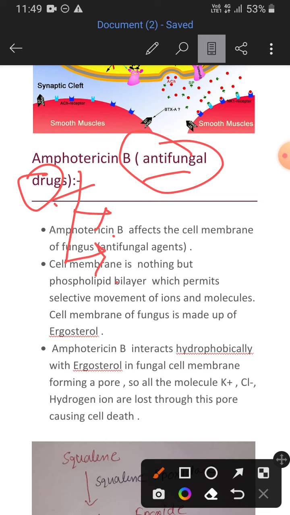Then you come to the mode of action part: what is the mode of action? The last question should be: in what kind of disease is this particular drug used. So we are going to follow this pattern to complete amphotericin B.